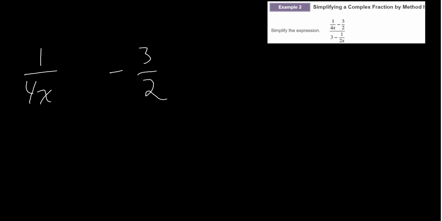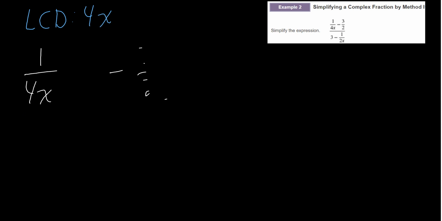Okay, all right, so looking for my least common denominator here in my numerator. I have a 4 and a 2. What's the smallest number 4 and 2 will go into? Well, 4 is already a 4, and 2 will go into 4, so that's good. And then I have an x in one. I don't have an x in the other, but I can easily make an x in the other by multiplying by x, right? So my least common denominator here is just simply 4x.